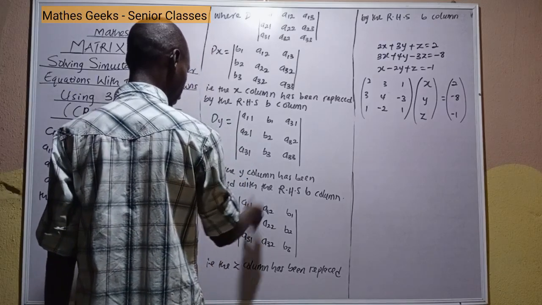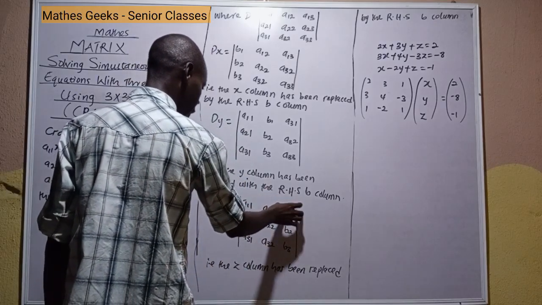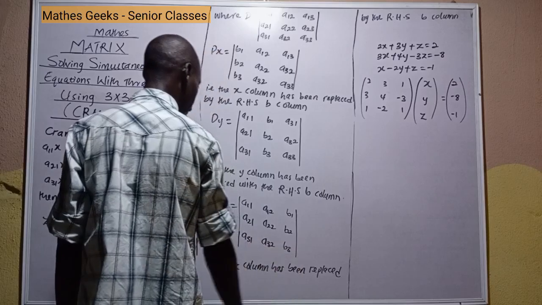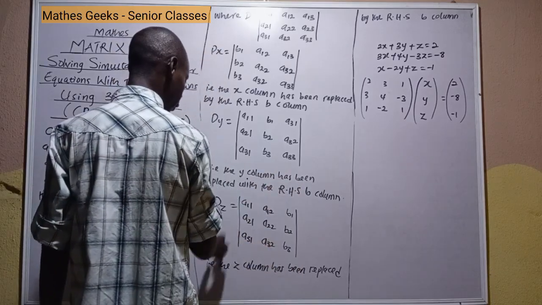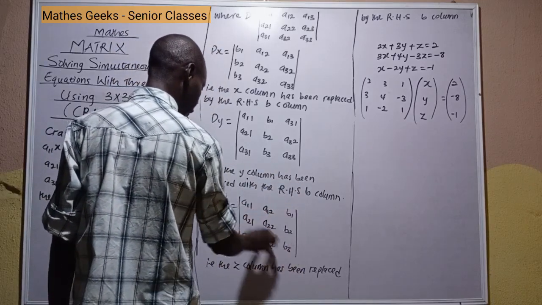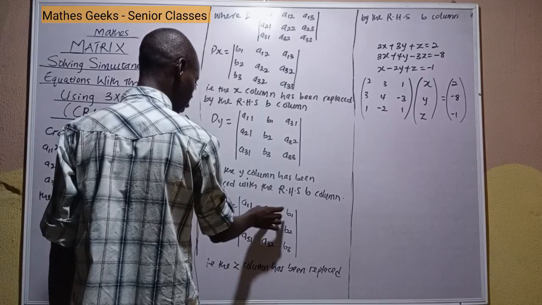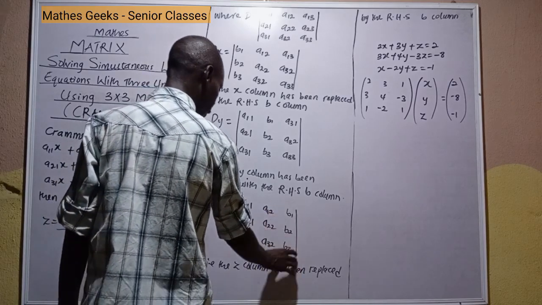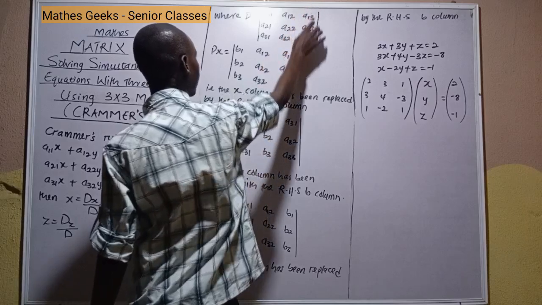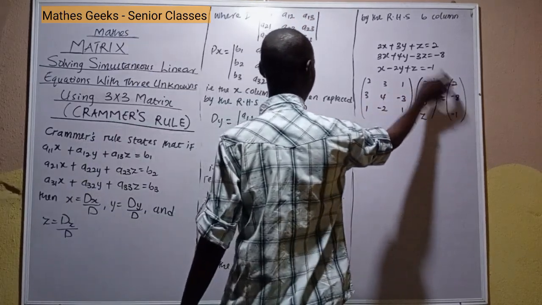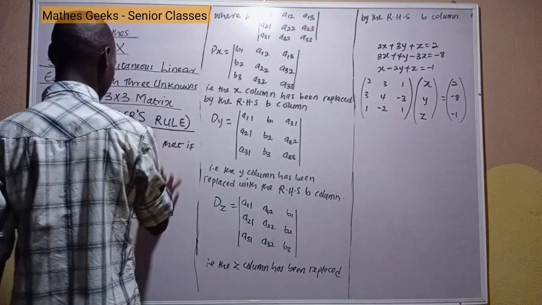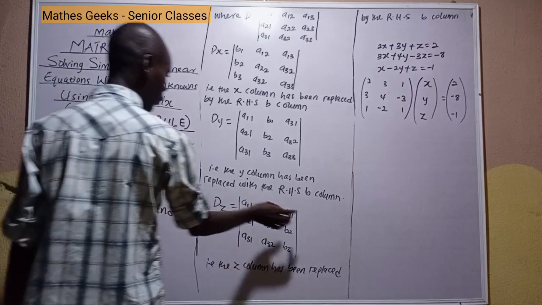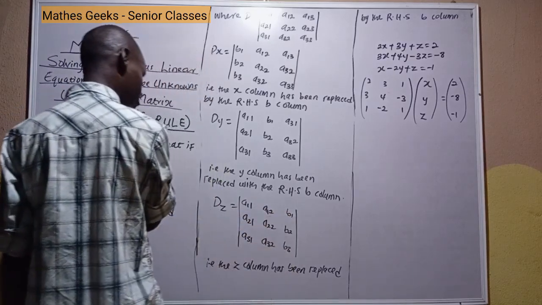Dz is also the replacement of the z column: you can see a11, a21, a31, a12, a22, a32, b1, b2, b3. We replace the z column by the right hand side answer column.